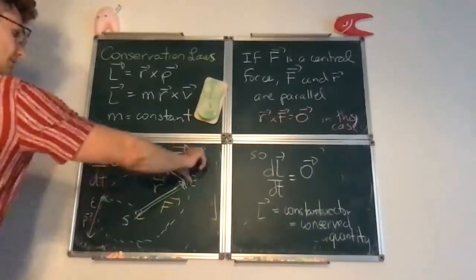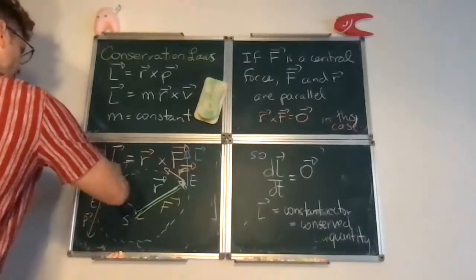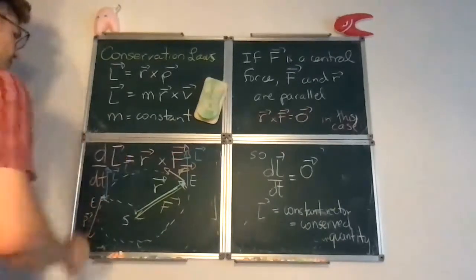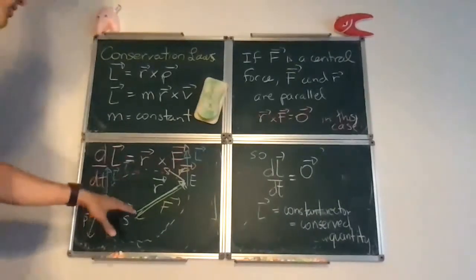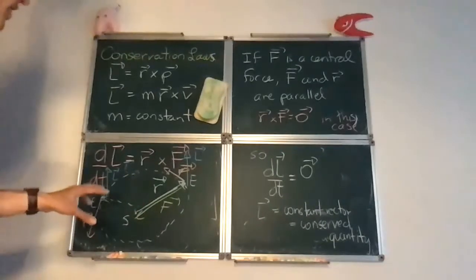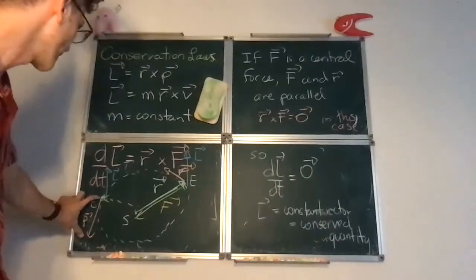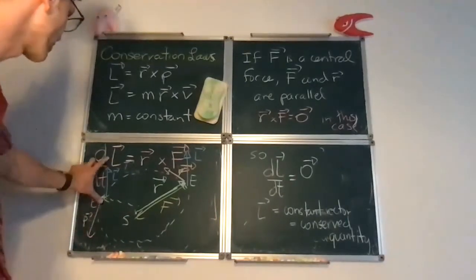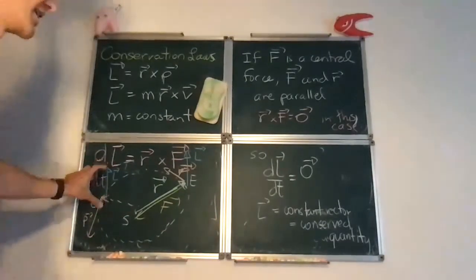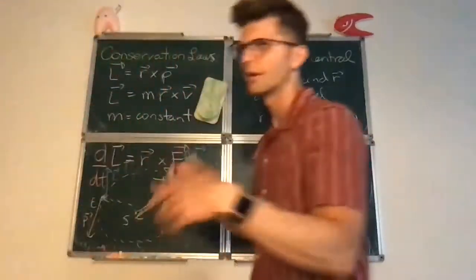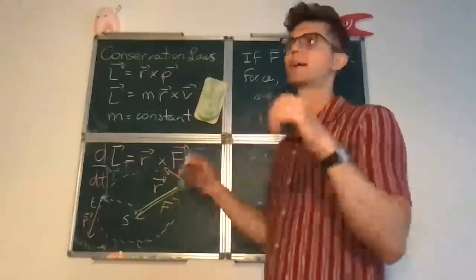But since L is the same because it's conserved, that means that the motion has to take place on a plane. Well, it means two things. For example, it means that if this radius shrinks in size, then the momentum has to increase in magnitude so that the cross product still has the same size in norm. Heuristically speaking, the magnitude has to be conserved.